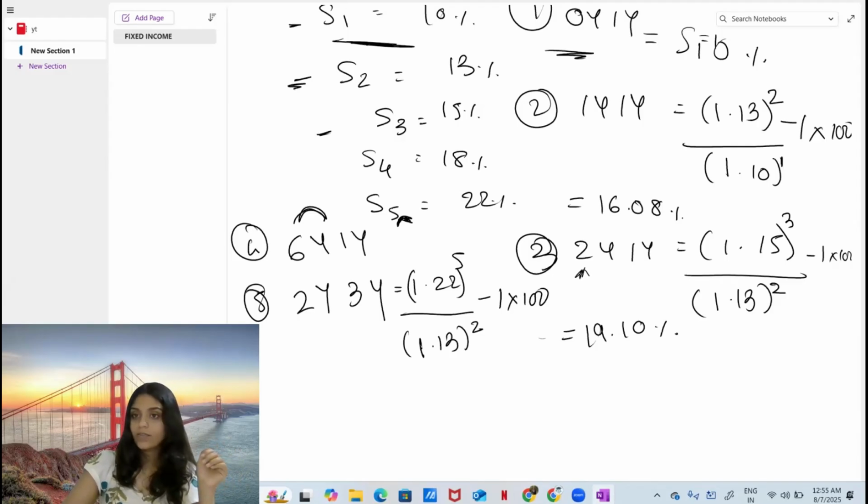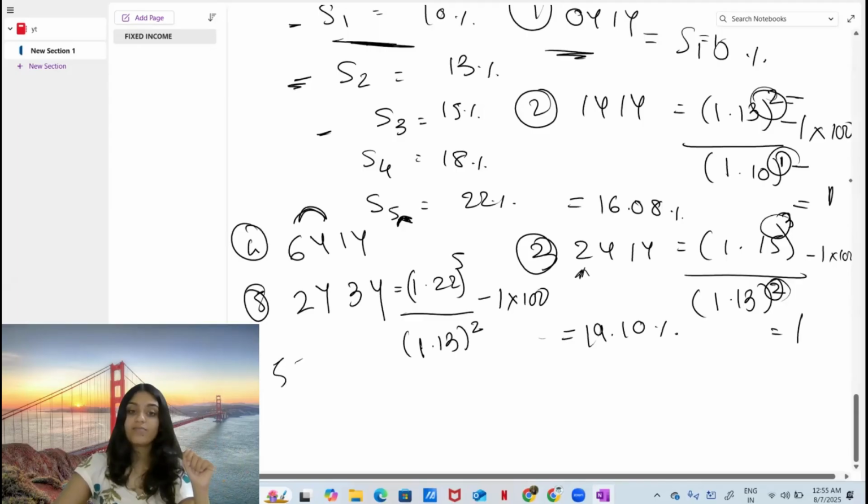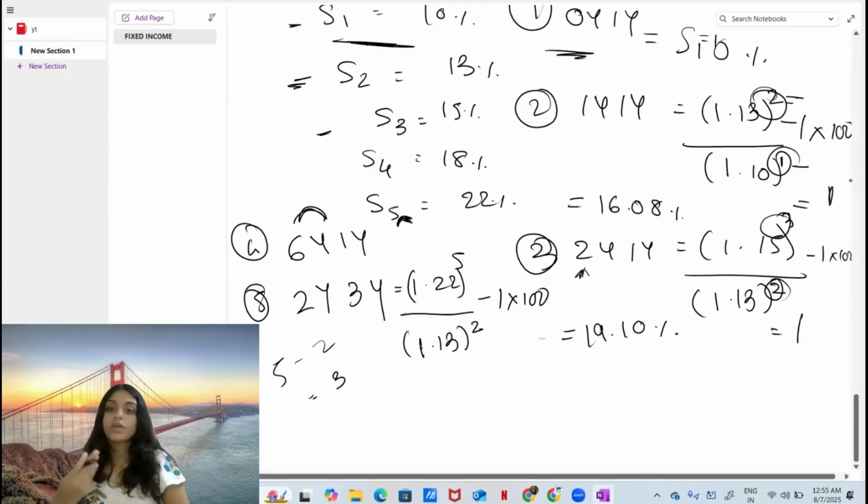For the earlier sums, 2 minus 1, the subtraction comes to 1, correct? Even for 3 minus 2, the subtraction is 1. But for this sum, 5 minus 2 is what? 3. This is not similar to your normal 2y 1y or 1y 1y sum, because the difference is more than 1. So you have to solve this in a different way.